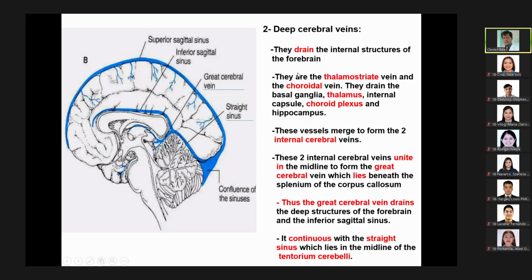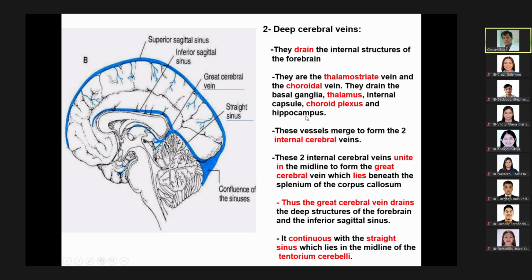The interior set of veins drain the central portion of the brain. So the thalamostriate veins and the choroidal veins are the ones that drain the interior of the brain. They drain the basal ganglia, the thalamus, the internal capsule, okay, and the choroid plexus and hippocampus.